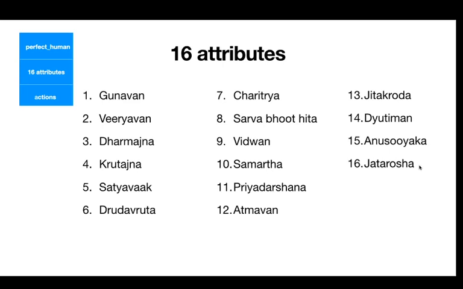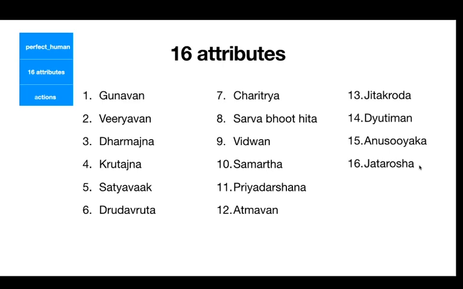जातरोषस्य संयुगे. So Valmiki was essentially asking Narada whether there is any human being who is an embodiment of these 16 attributes. In response, Narada told the story of Rama.